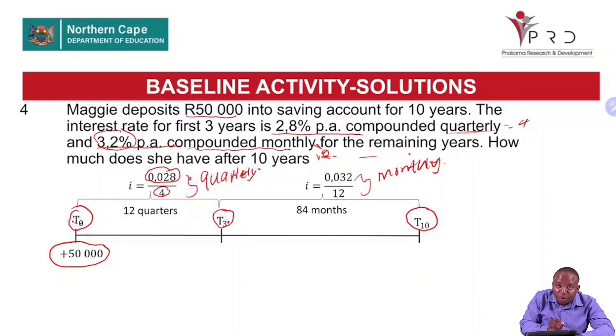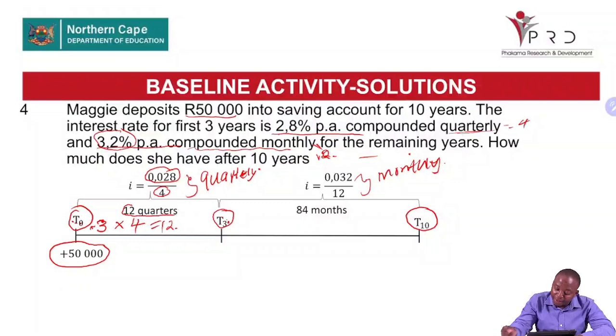It's 3 minus 0, so we have 3 years. 3 multiplied by, during T0 to T3, what are we doing? We are compounding quarterly. Quarterly means multiply that n by 4. Then what do we get there? We get 3 times 4, which is 12. That's why we have our 12 quarters quoted there.